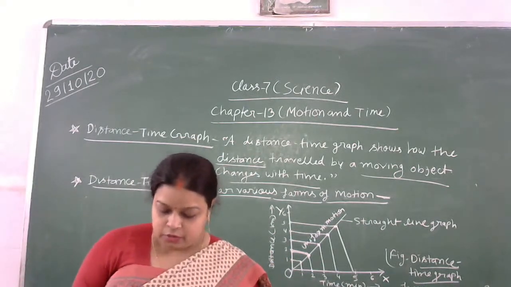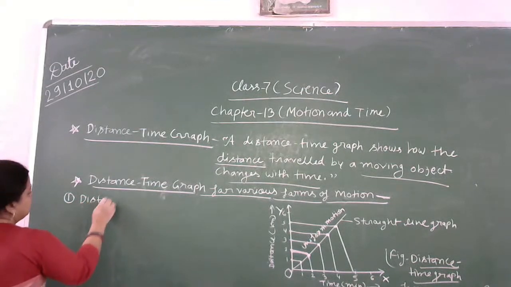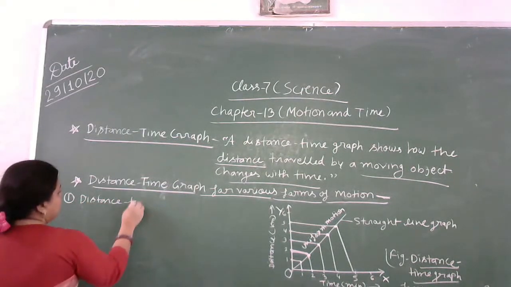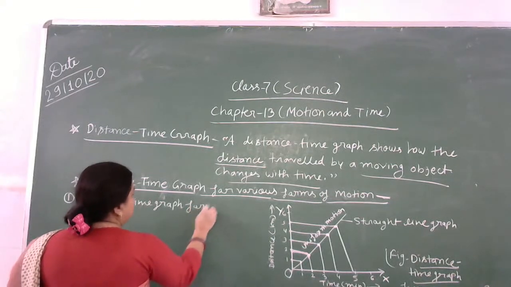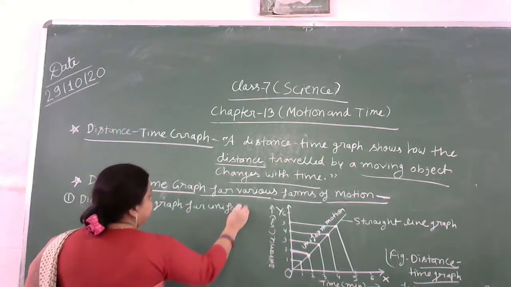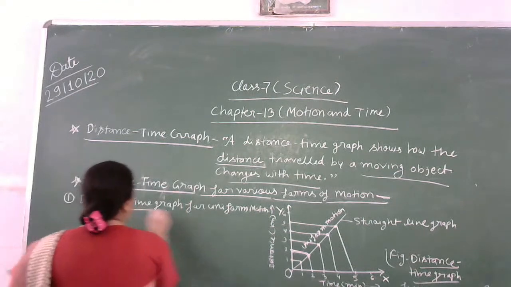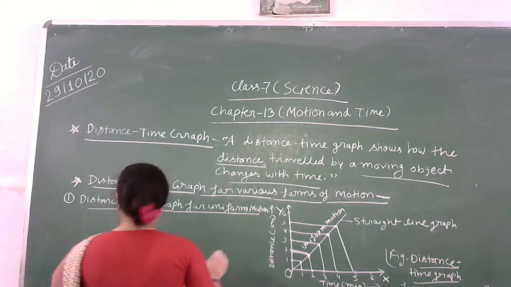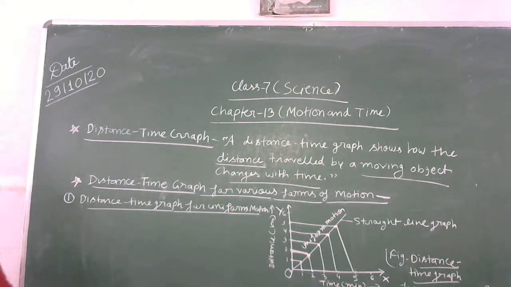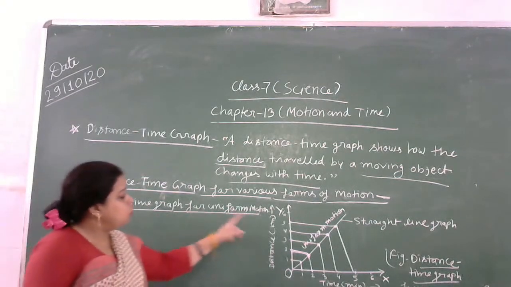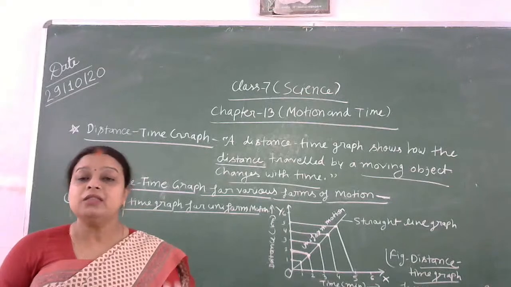So for uniform motion, we know that the speed is constant.